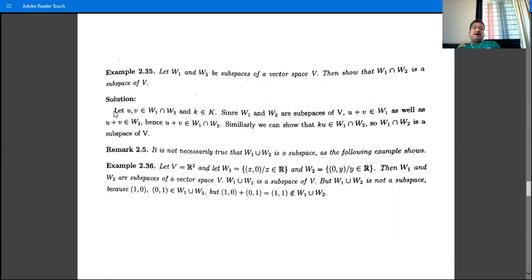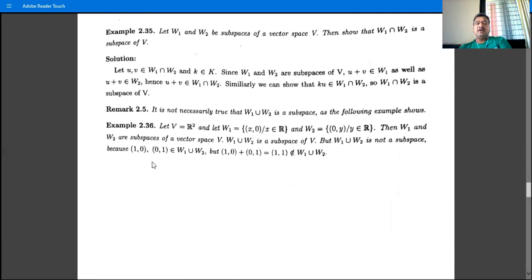Then k u bar belongs to W1 and k u bar belongs to W2 as W1 and W2 are subspaces, and therefore k u bar belongs to W1 intersection W2, and so W1 intersection W2 is a subspace of V. So the intersection of two subspaces is a subspace of the same vector space, but the union is not necessarily a subspace of that vector space. That is, if W1 and W2 are subspaces of V, then W1 union W2 is not necessarily a subspace of V. So this is the problem.